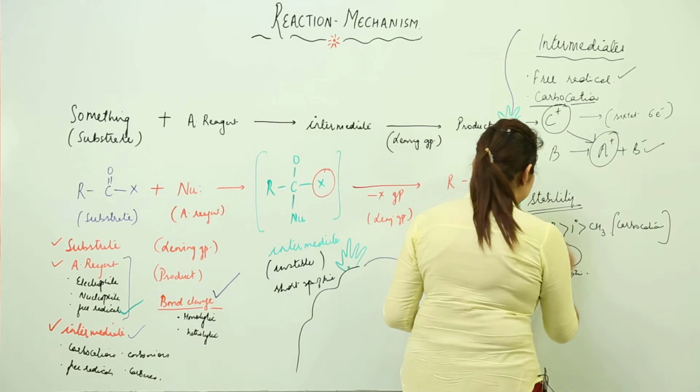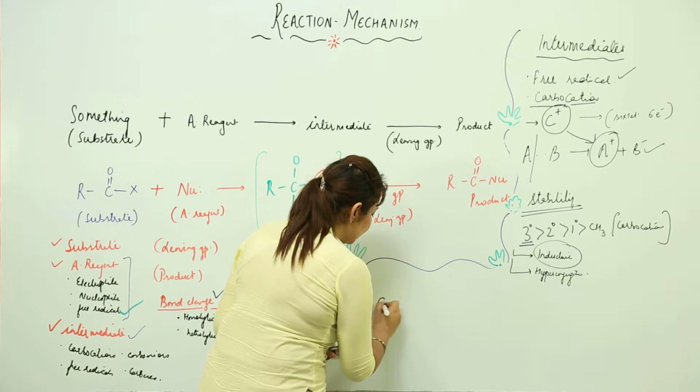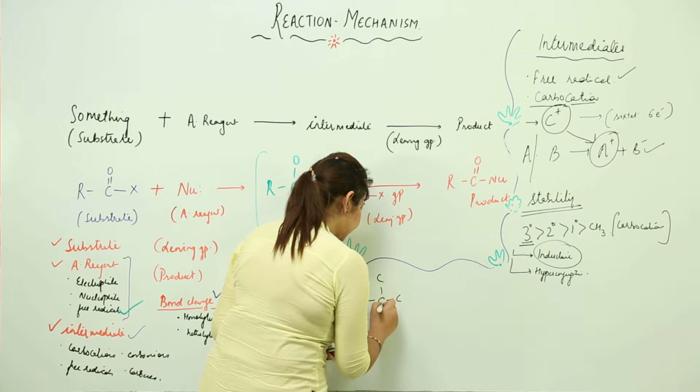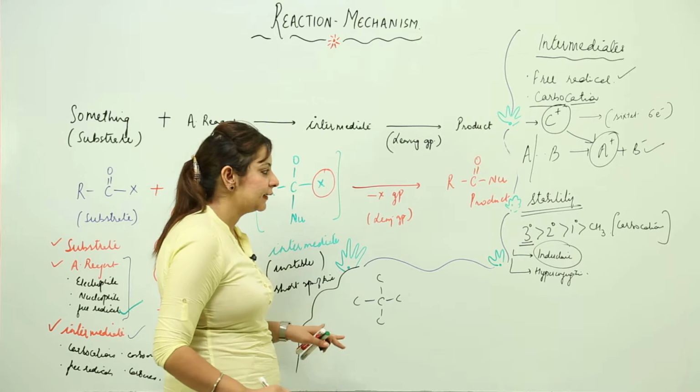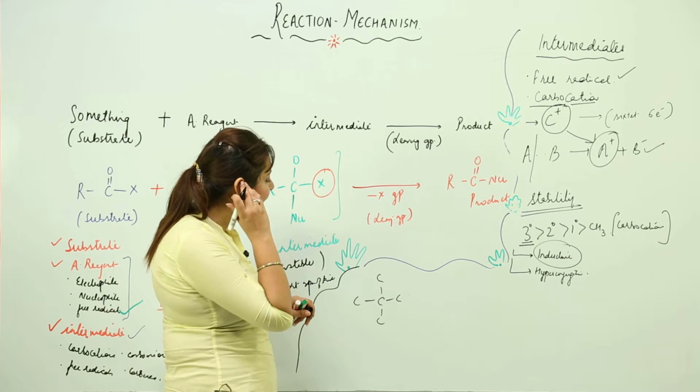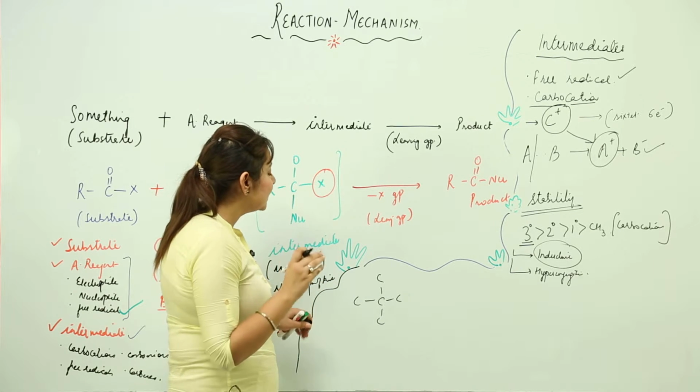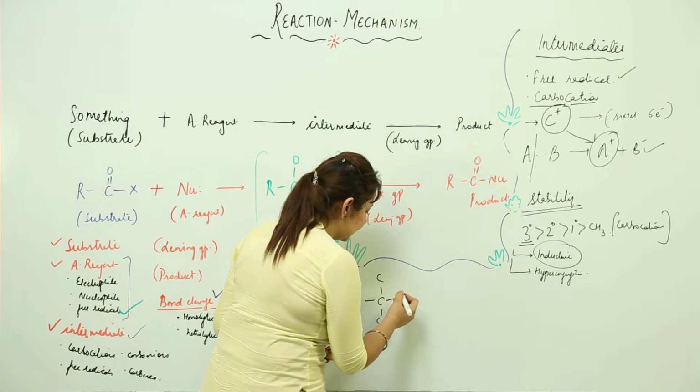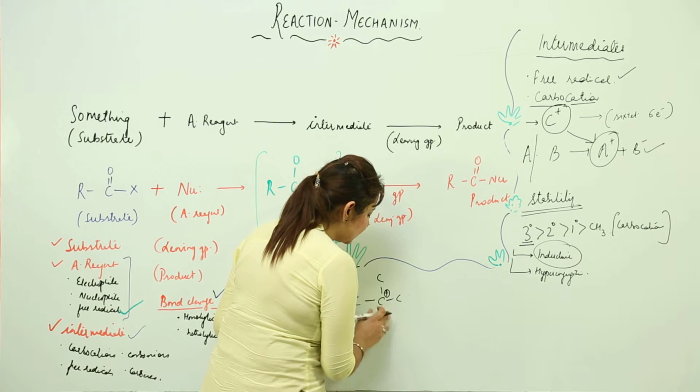Now what happens if you take a 3 degree carbocation, it will be something like that. Here it will have a positive charge.